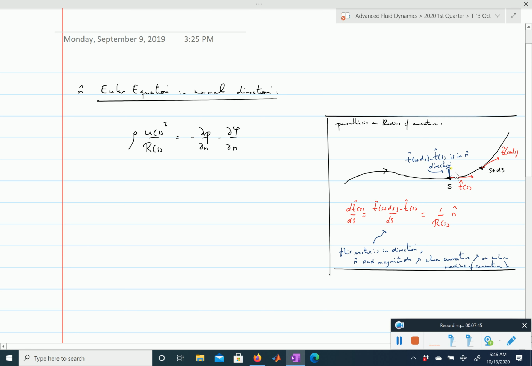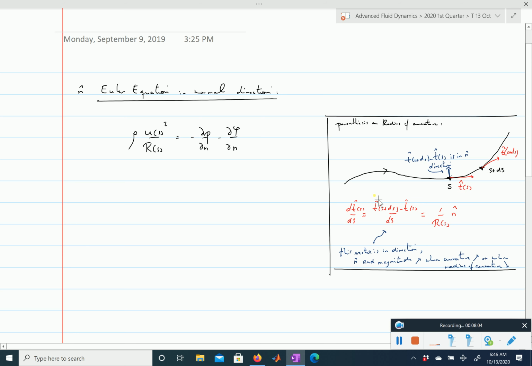So it's a vector in the normal direction, and the flatter the curve is, the smaller this difference is, and the more pronounced the curvature is, the bigger the difference is.